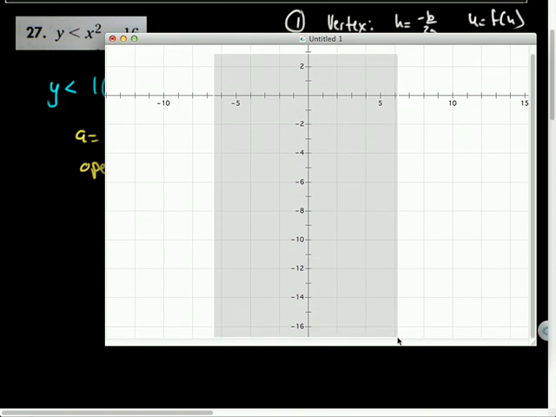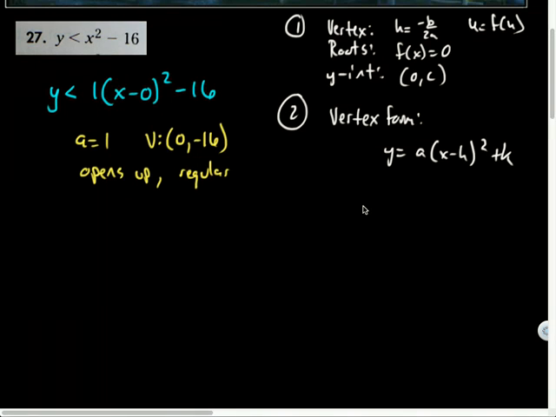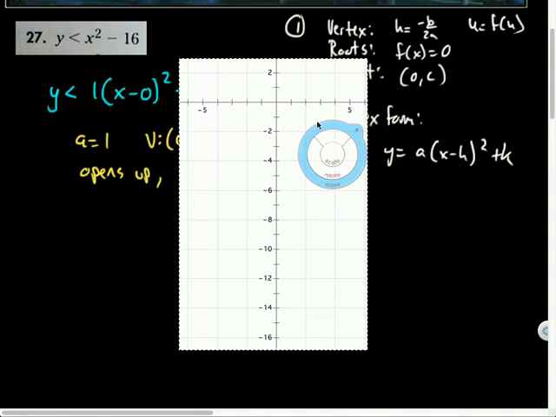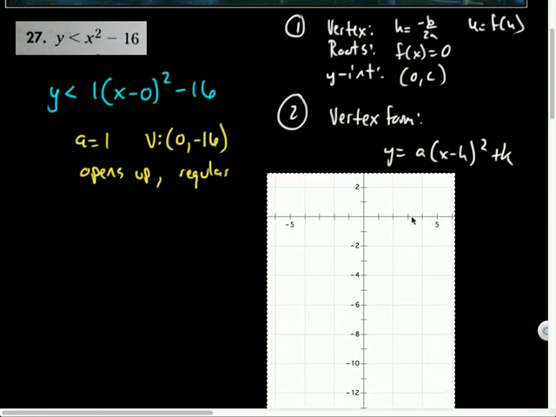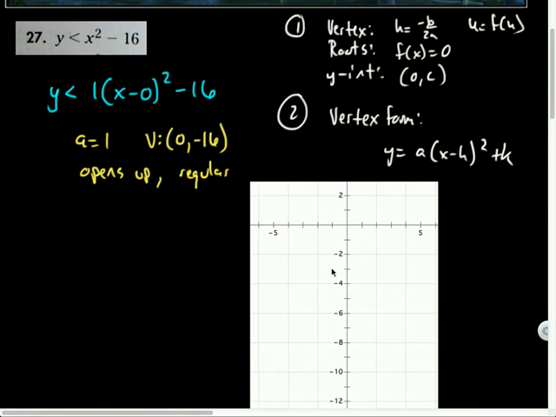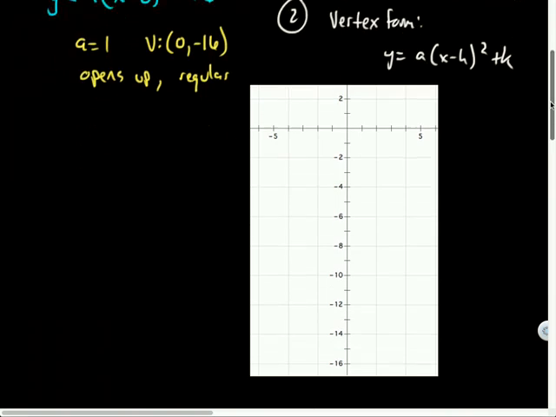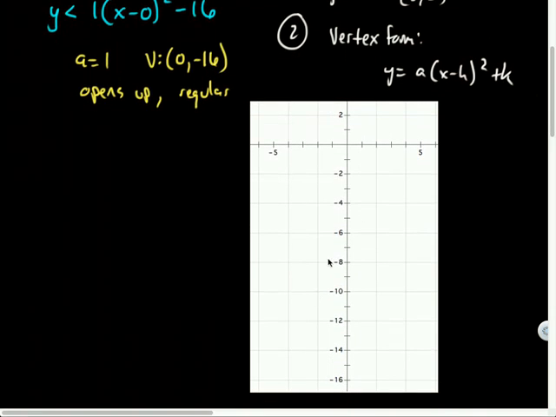And it opens up, so I think from there to there should be good. And it is important that you label your scales. You don't have to label every point, but you should label your axes so that we actually know what's going on. Because these tick marks really can represent anything, and unless you tell us what they represent, we don't know.